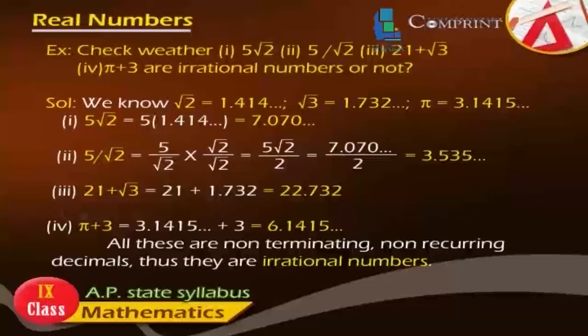Third one, 21 + √3 equal to 21 + 1.732 is equal to 22.732. And the fourth one, π + 3 equal to 3.1415 and so on plus 3 equal to 6.1415 and so on. All these are non-terminating, non-recurring decimals. Thus, they are irrational numbers.